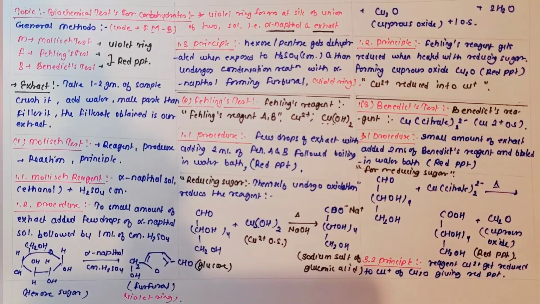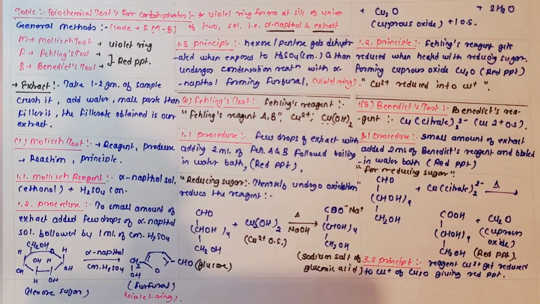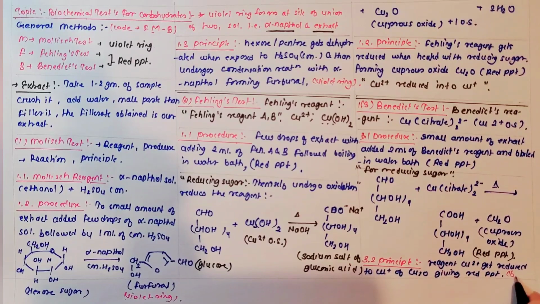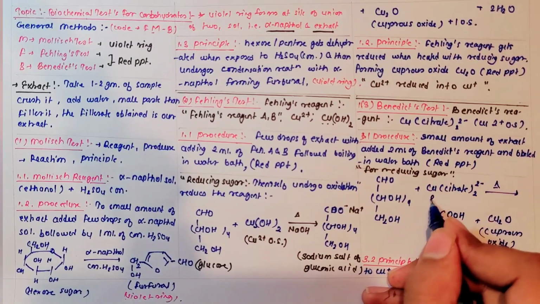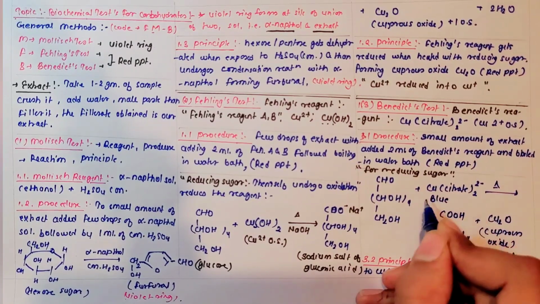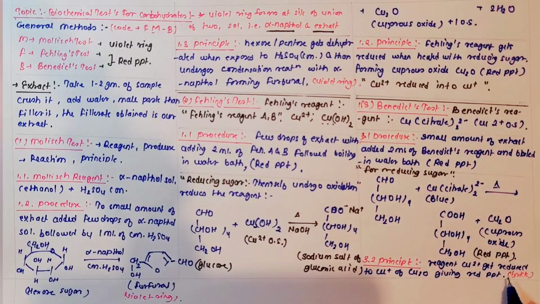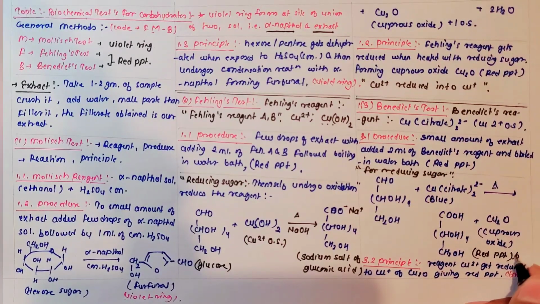Another thing to be noted, there is a result in many books that says blue coloration to red coloration, and this is actually brick red. So this is another thing to remember, brick red. The blue coloration is actually of copper citrate, which then converts into a red precipitate, a brick red precipitate.